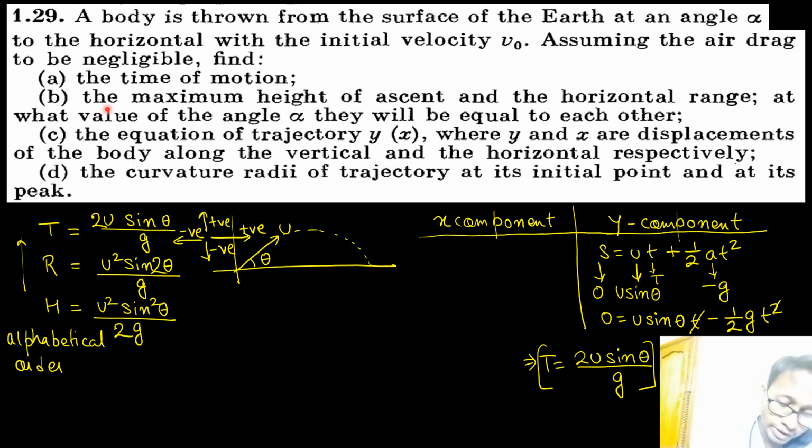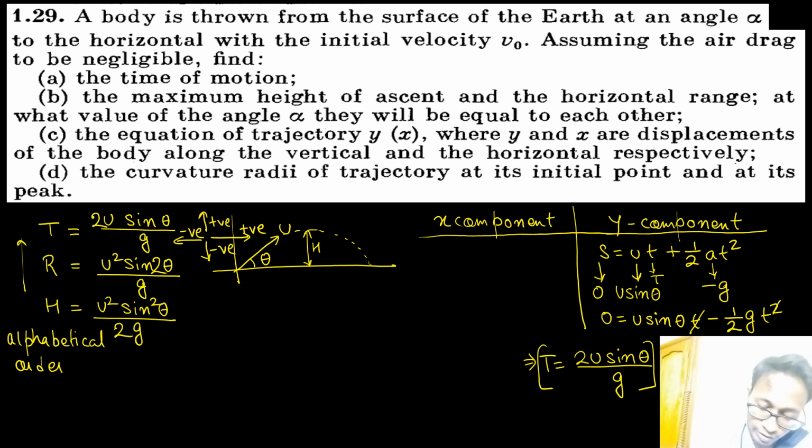Now for the second part, the maximum height of the ascent and the horizontal range. For maximum height, what do you use? We use v square equals u square plus 2as. If this is the maximum height h, the formula for h would be u square sin square theta by 2g. But how do we derive this? You again use the y component of velocity.